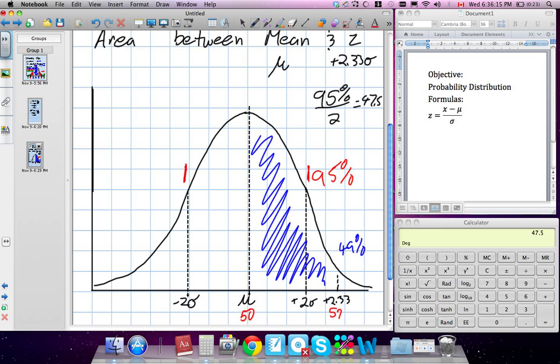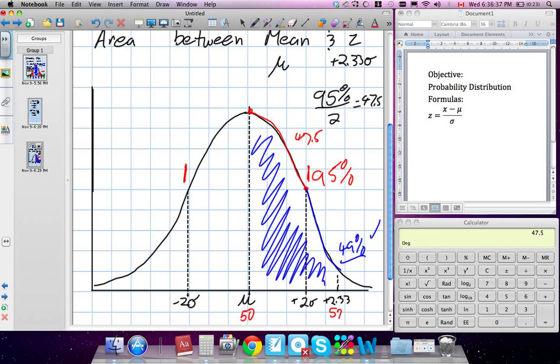But that was from this point to this point. So if I'm talking between, and our mean was the number 50, we were looking for the amount of information between 50 and 57. They told us it was 49, essentially 49%, correct? They said that this was 49% of the data. So in other words, in terms of area, it's 49%.